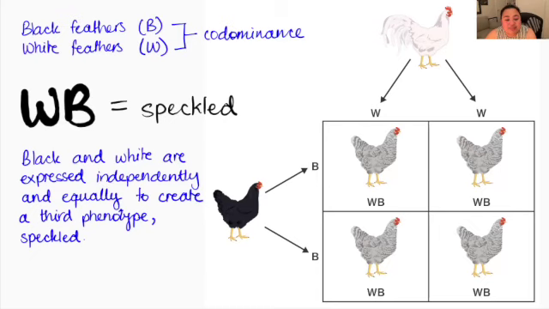In another example, the trait of feather color also shows a codominance pattern of inheritance. In the heterozygote, both white W and black B alleles are expressed together, equally, and independently in the phenotype. This results in speckled feathers that are both white and black, not grey feathers.